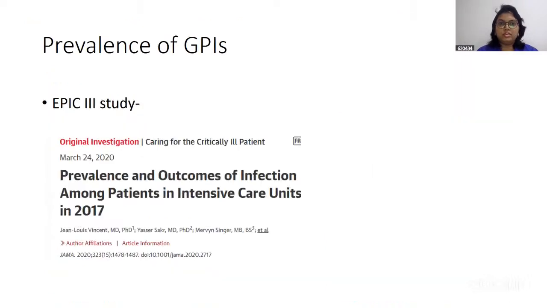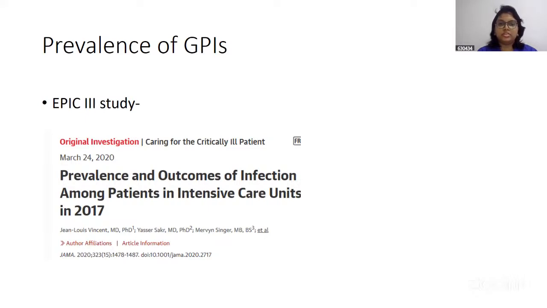So for the common gram-positive infections, there was a study which looked at the prevalence of gram-positive infections. This is an international, global study, which was done in 2017 and published in 2020, which tried to see all kinds of infections: drug-resistant, multi-drug resistant, gram-negative, gram-positive.